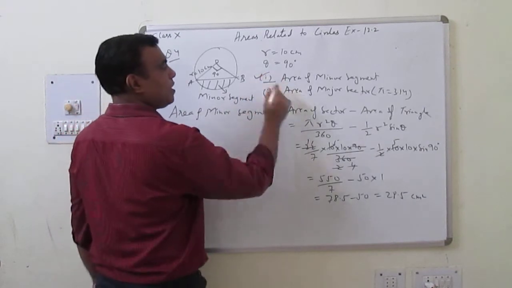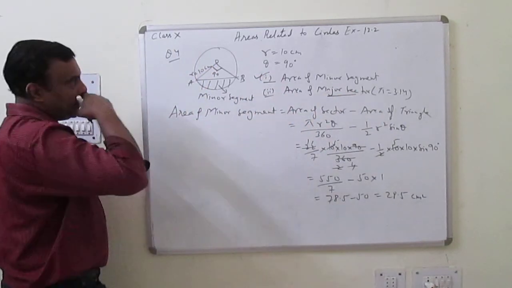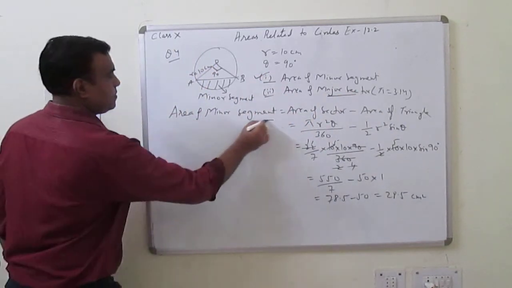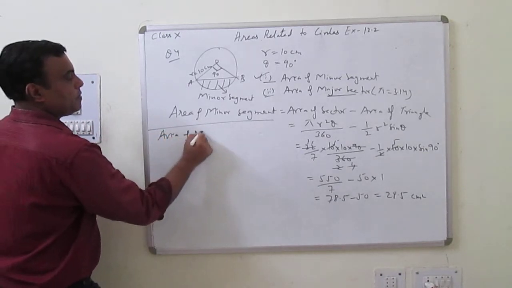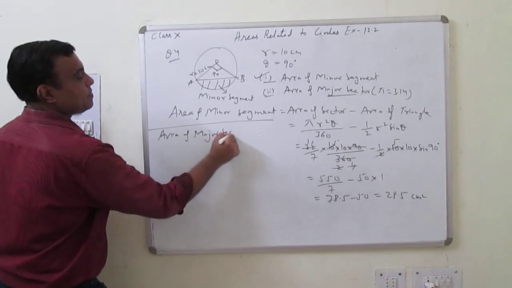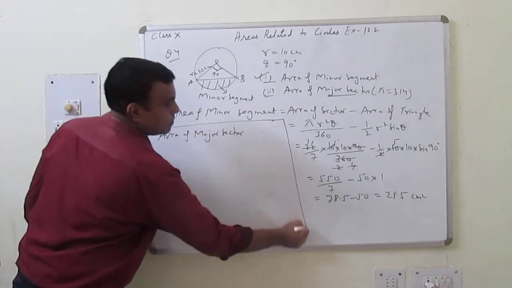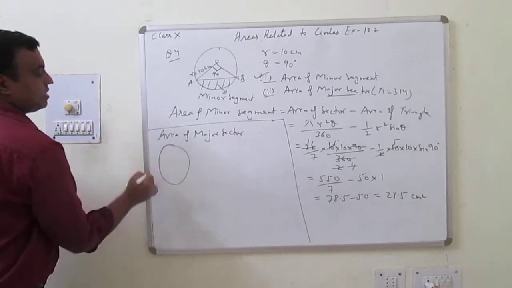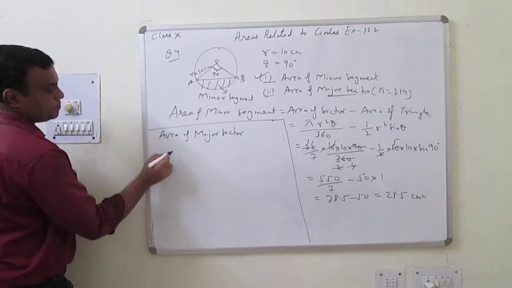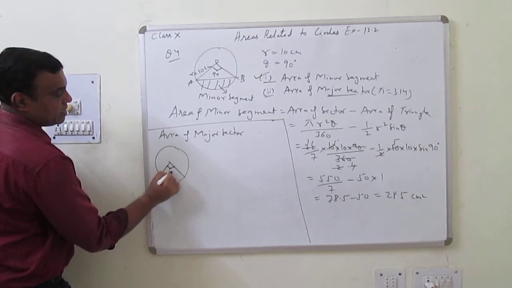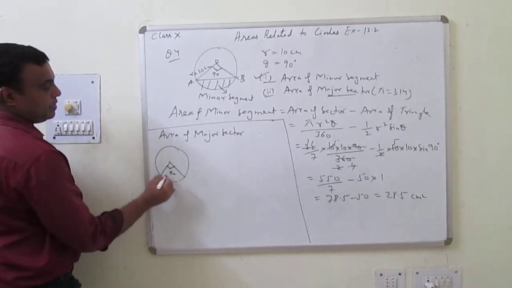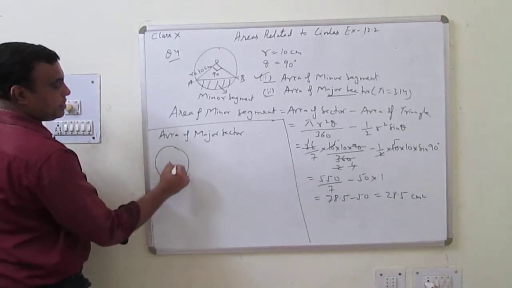Now we have to calculate the area of the major sector. Now what is the major sector? This is a circle. This angle is given to you, 90, and this is the minor sector.